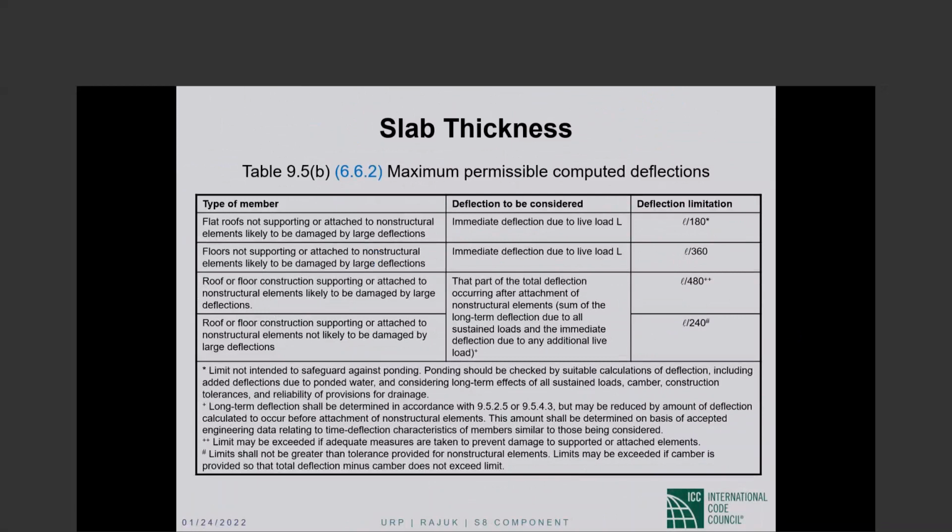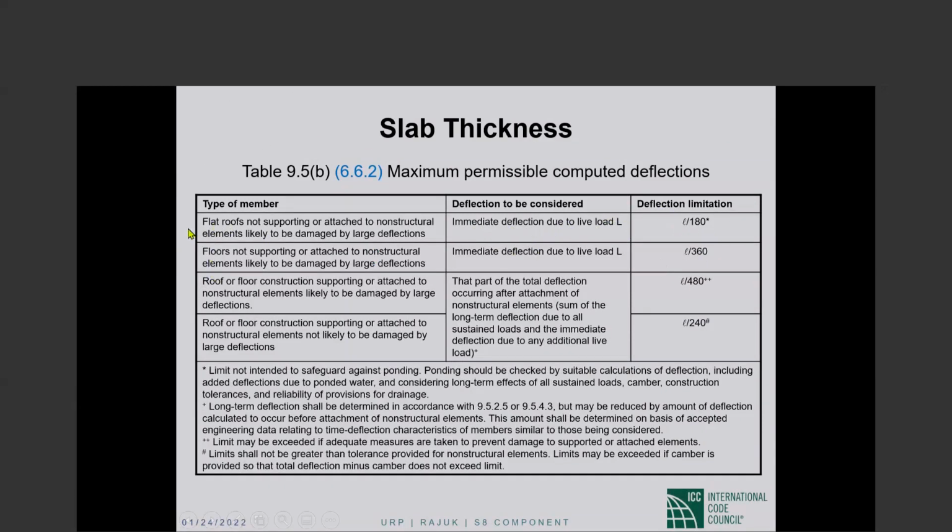This table also we have seen, we have two sets of limits. One applies to immediate deflection upon application of dead load, upon application of live load. So as soon as you apply live load on your slab, there is immediate deflection. Those are limited to either L over 180 or L over 360, depending upon this and that.